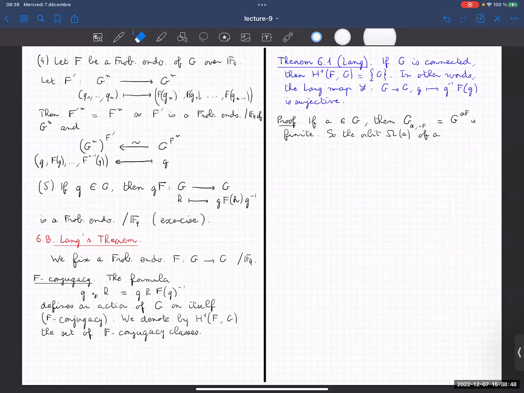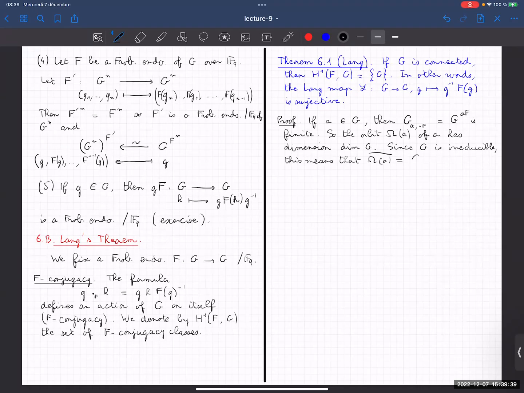So it has dimension the dimension of G. But since G is irreducible as a variety, connected, I recall that connected and irreducible are equivalent for algebraic groups, this means that the closure of the orbit of A is equal to the full group.